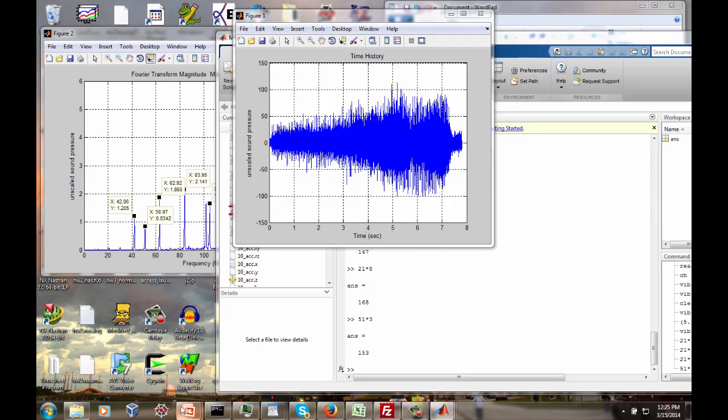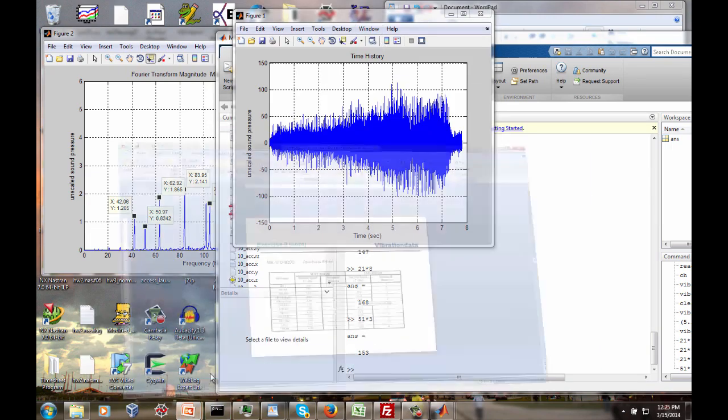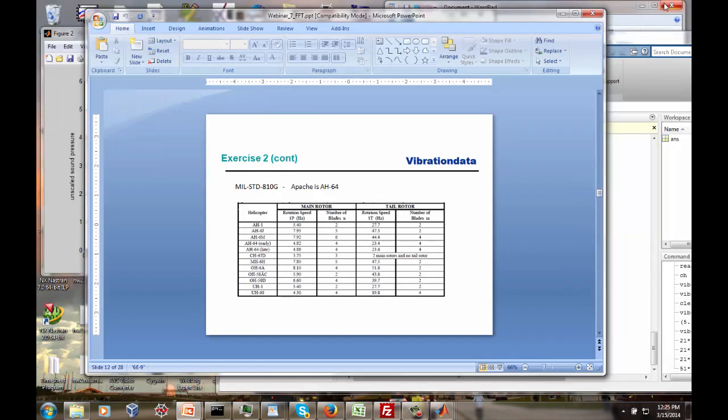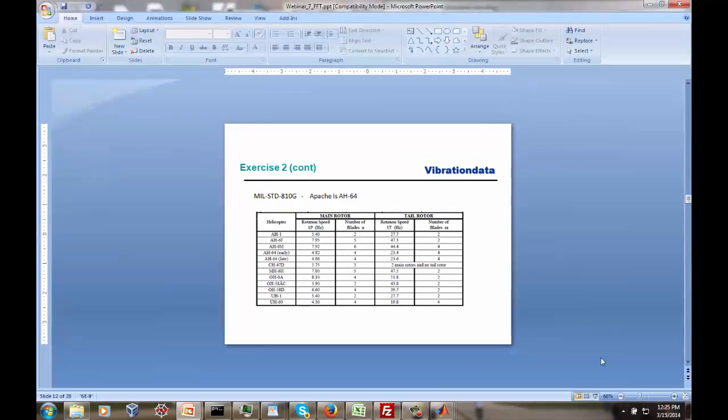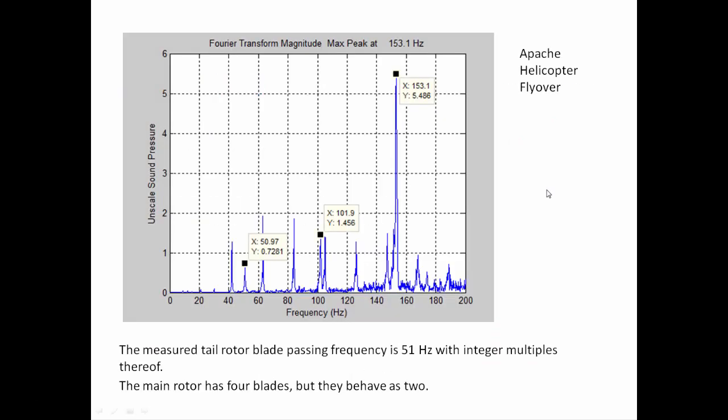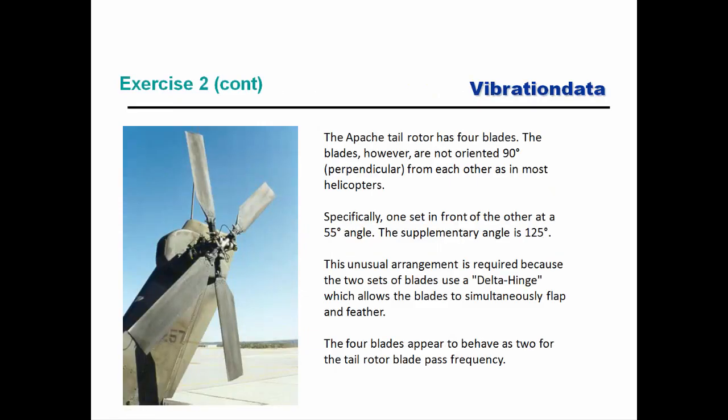And this is an interesting thing about the Apache helicopter. We have to look at the tail rotor of the Apache helicopter and see what's going on with that tail rotor. Is there something odd about that? There are 4 blades, but they're not oriented at 90-degree angle separations. Rather, the small angle here is 55 degrees, and the supplementary angle is equal to 125 degrees.